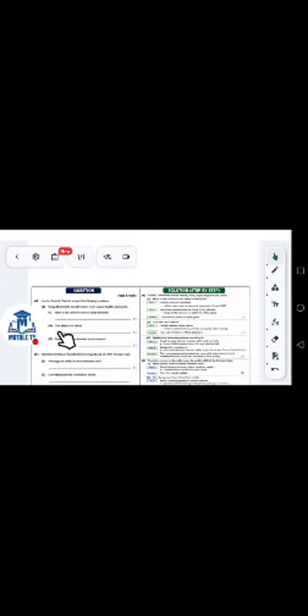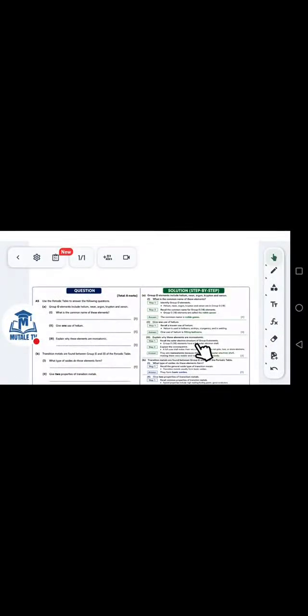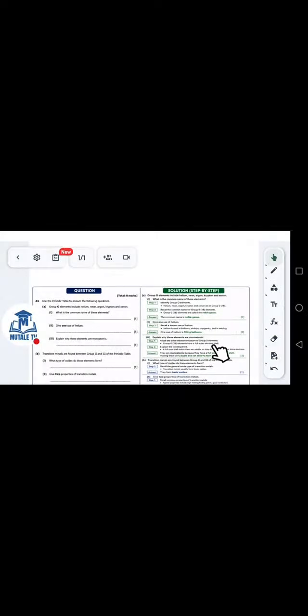Question A3 reads, explain why these elements are monatomic. Monatomic means one atom. Group 0 elements have a full outer electron shell. A full outer shell makes them very stable, so they do not gain, lose, or share electrons.